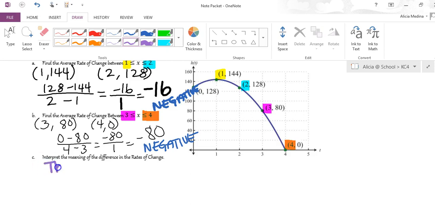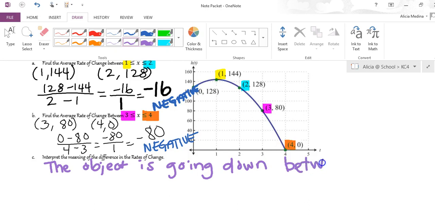So we're going to say the object is going down between 1 and 2 seconds, right? Because that was our x-axis.